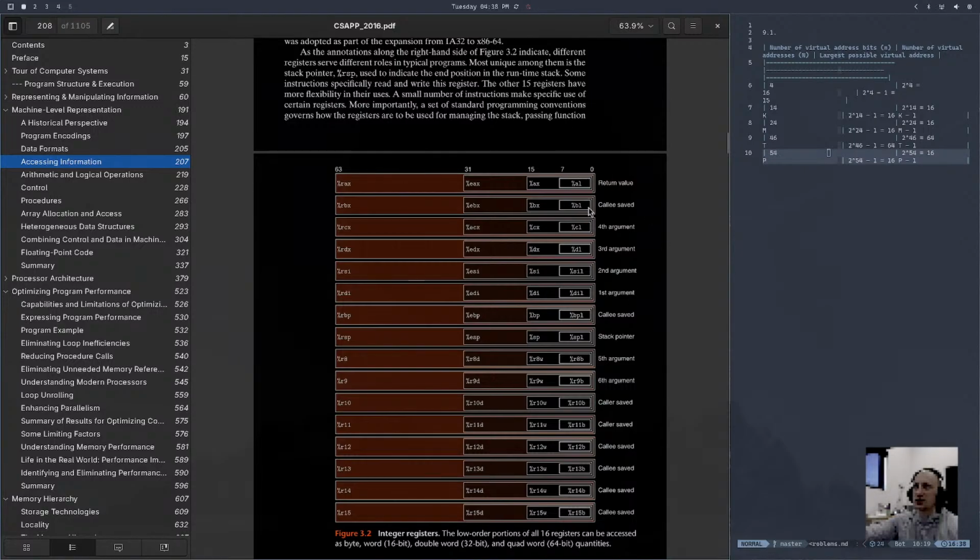So this shows you, okay, EDI would be a 32-bit register that stores the first argument to the function in the C calling convention. And then they have notes on whether it's callee saved or caller saved. So you can see some of these are caller saved, some of them are callee saved, which is important to comply with the application binary interface.